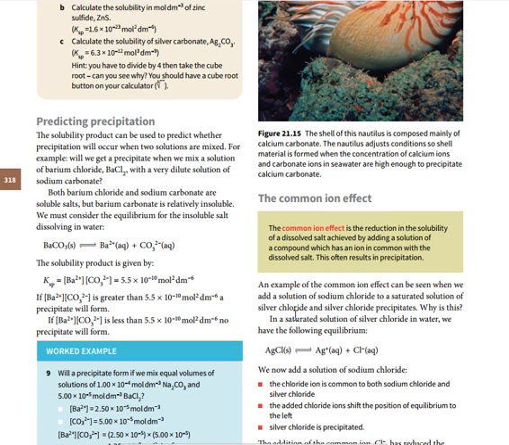So when they have a particular common ion, the reduction in solubility of a dissolved salt by adding a solution that has a common ion with that salt is going to be the common ion effect.